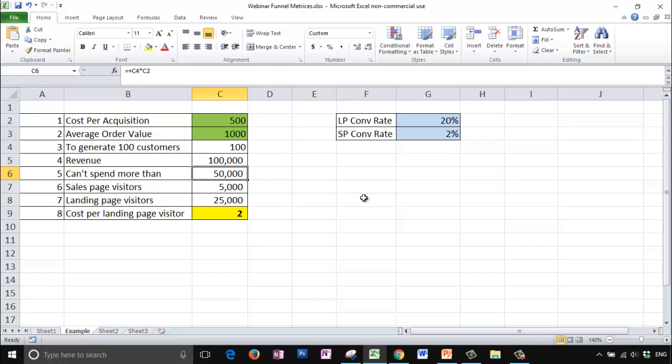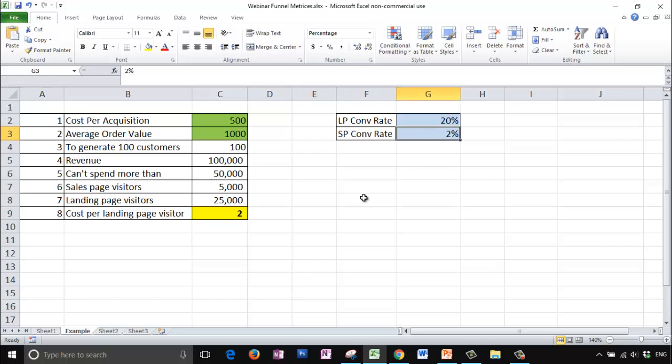All right, so we've got this figure also anchored into the ground. Now let's look at how many visitors we require to come to our sales page to get the 100 customers. If you remember, I had spoken about the fact that we are creating this model for 100 customers. We know that our sales page converts at 2%.